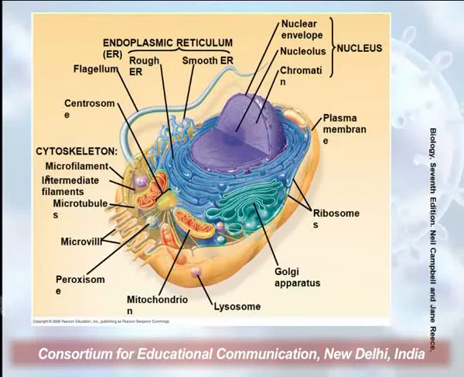Then there is a nucleolus, which is basically responsible for the synthesis of the ribosomal RNA, and then there are flagella which are present for the movement of these particular cells. So we can see this is a typical specialized cell of the animal cells in the eukaryotic class.